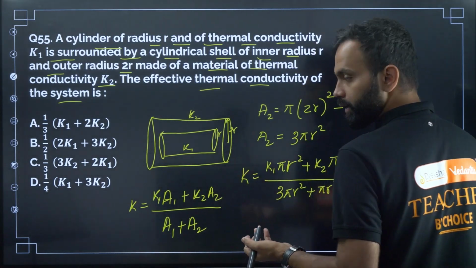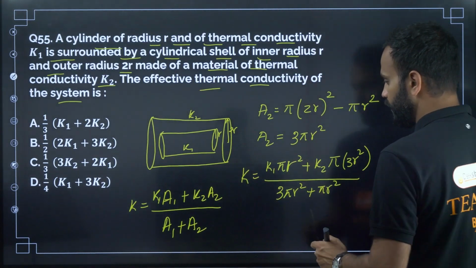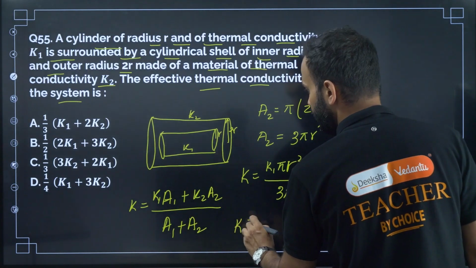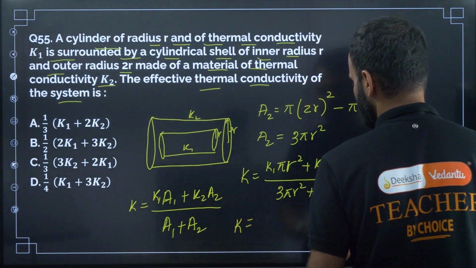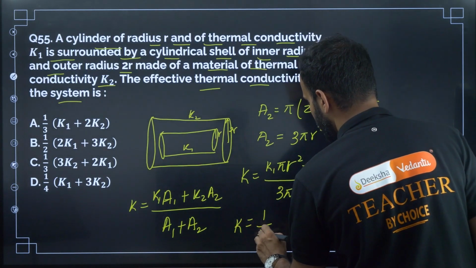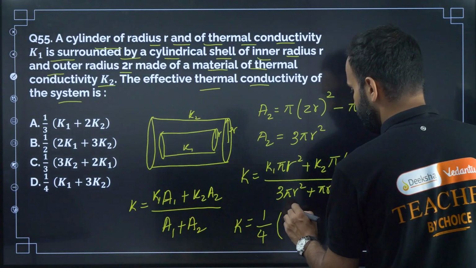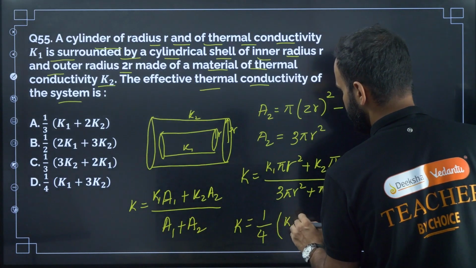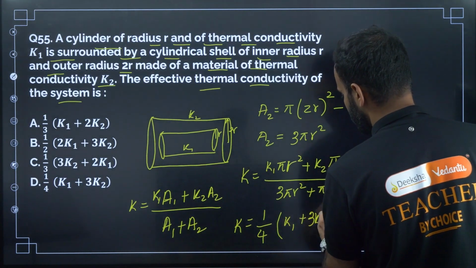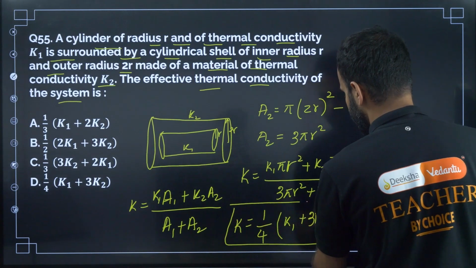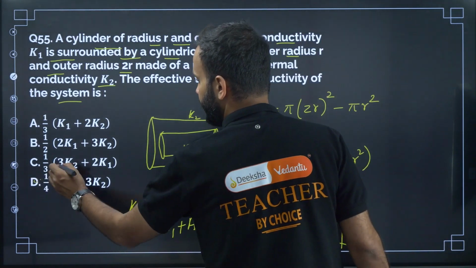So take pi r square as common, pi r square will get cancelled. So now K is equal to 1 divided by 4 into K1 plus 3K2, 3 plus 1 is 4. So the correct option is D.